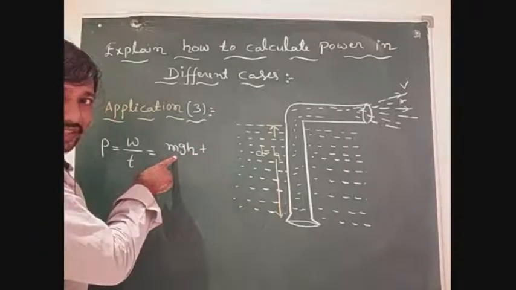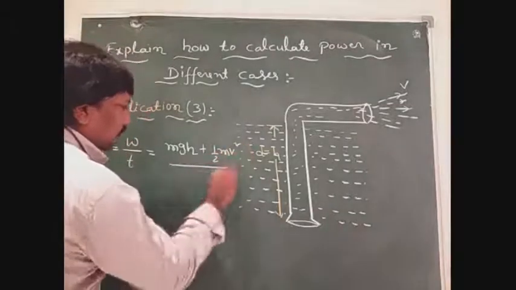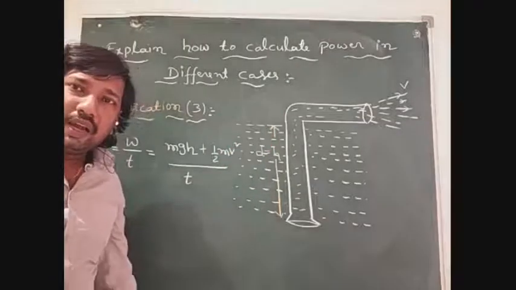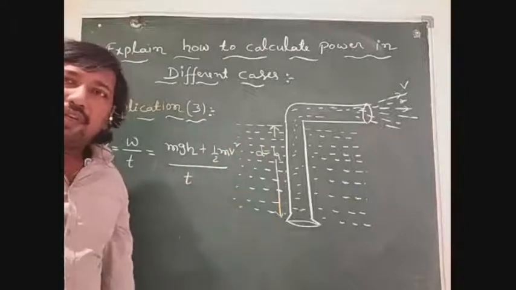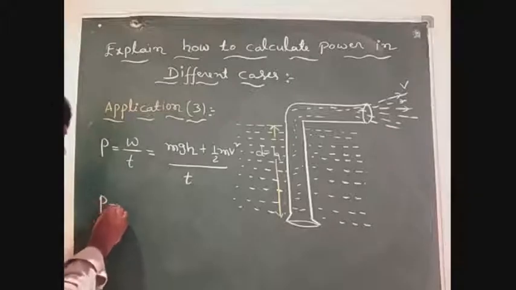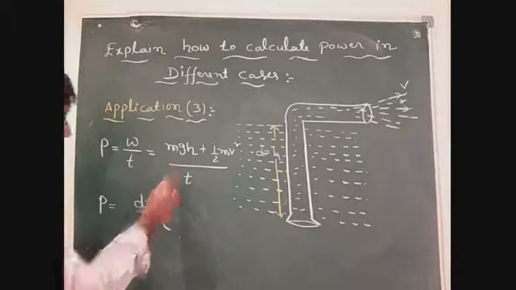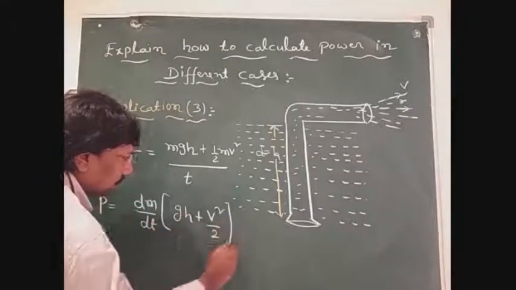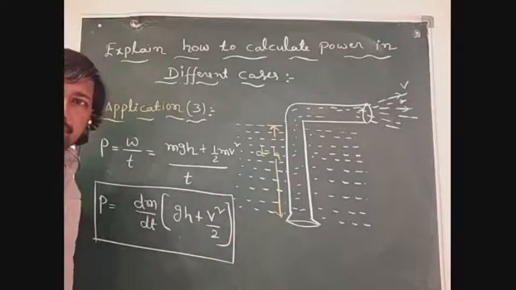Potential energy is mgh, kinetic energy is half mv square, divided by t. The amount of water delivered from the mouth of the pump is dm by dt. Therefore P equals dm by dt into (gh plus v square by 2). So this is the power of the pump.